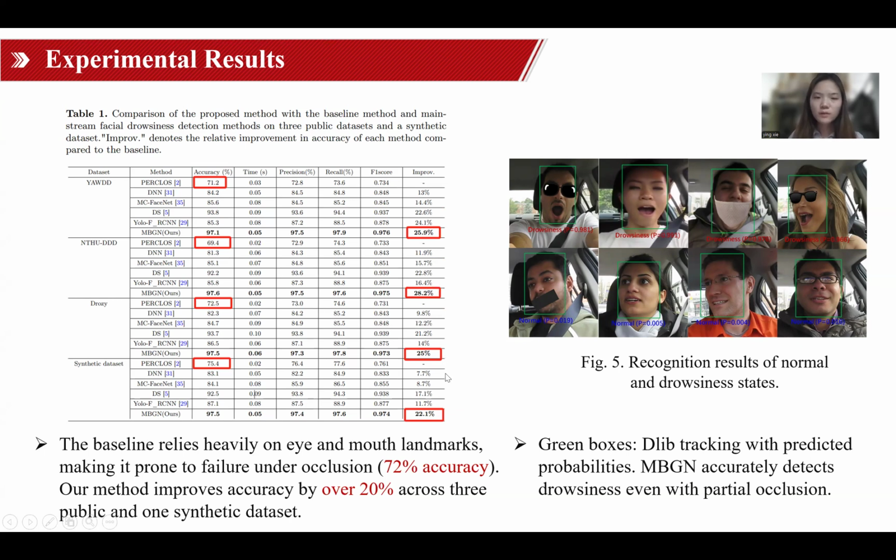Figure 5 shows the MBGN model's classification results for both drowsy and normal states. The green boxes are DLIB tracking boxes, showing the predicted probabilities. As we can see, the MBGN model still detects drowsiness accurately even when facial features are partially occluded.